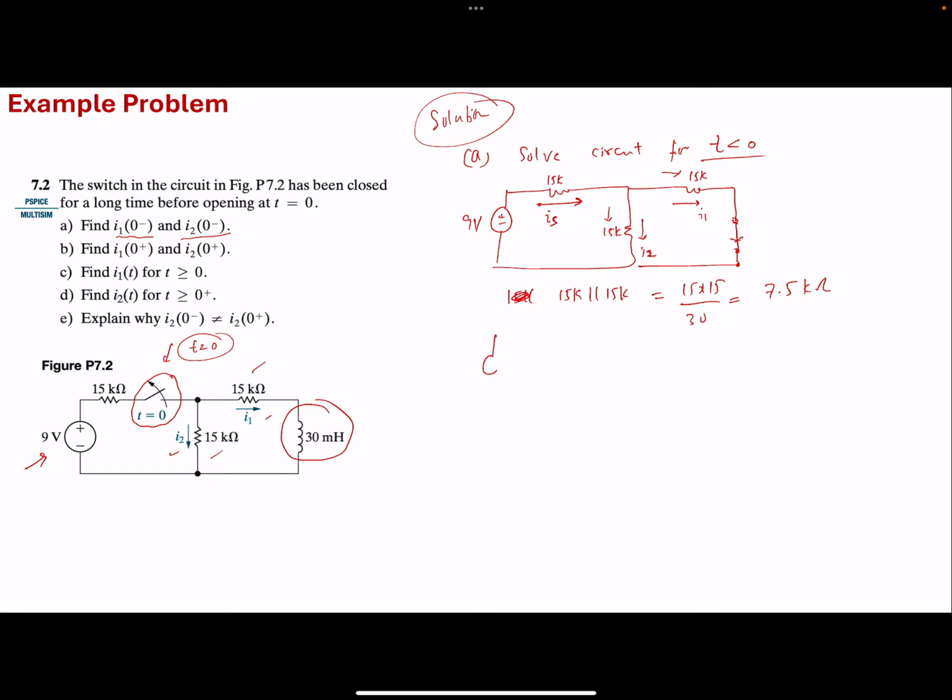So we can simplify this circuit by redrawing it as 9 volts, 15K, 7.5K, and here is the IS that is flowing.